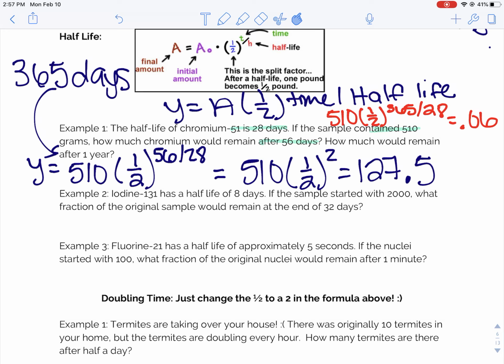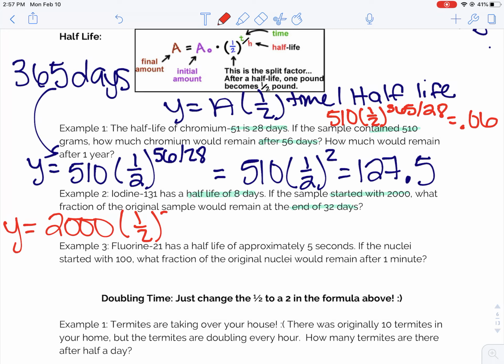All right, if I look at number 2, it says iodine-131 has a half-life of 8 days, so I'd probably highlight that. The sample started with 2,000, and it wants to know how much would remain at the end of 32 days. So my starting amount was 2,000.